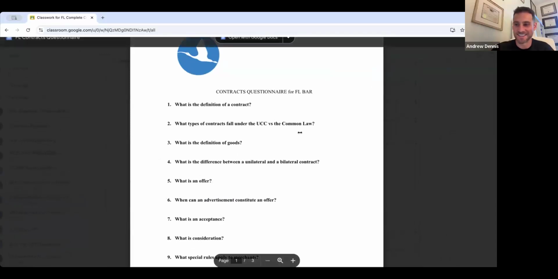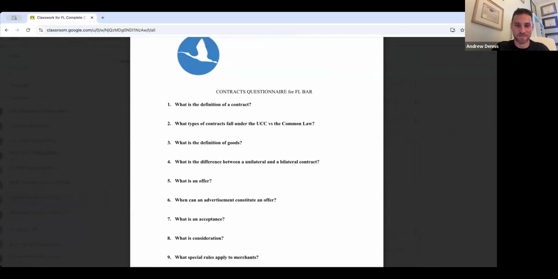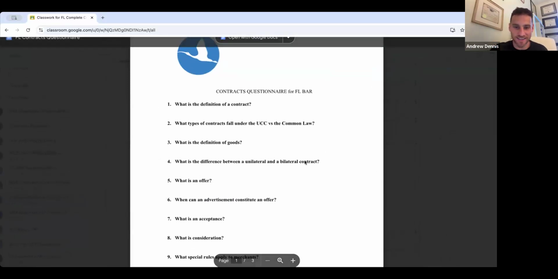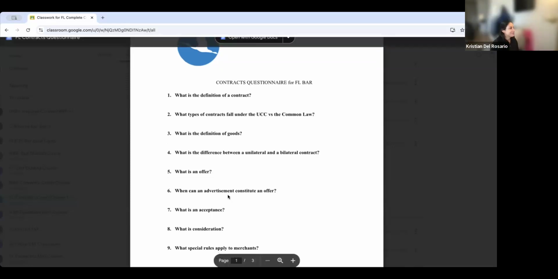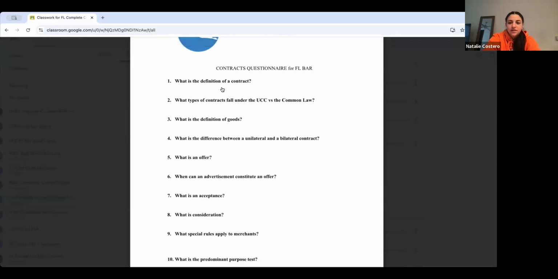Yeah, an invitation to deal, exactly. Okay, and then while we're on this, what is consideration? A bargain for exchange. So detriment has to induce the benefit and the benefit has to induce the detriment. Exactly, like a bargain for exchange of mutual detriment or value.